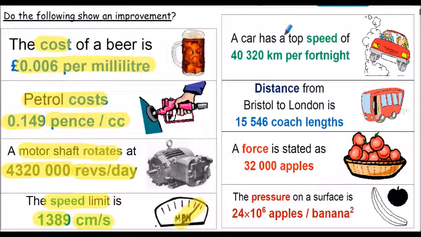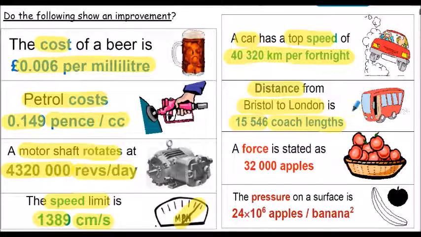We go into a car showroom and we're told the top speed of a particular car we're interested in purchasing is 40,320 kilometers per fortnight. Would that be more of your family saloon or should that be a high performance car? We're informed that the distance between Bristol and London in the United Kingdom is 15,546 coach lengths. Would that information be of use to us? We're informed that a force is stated as 32,000 apples.